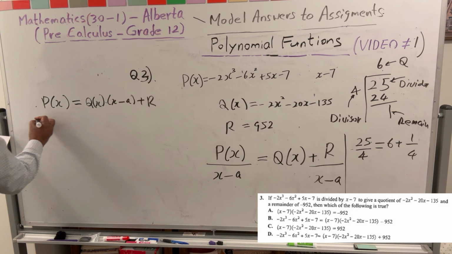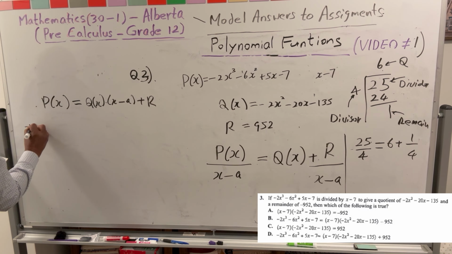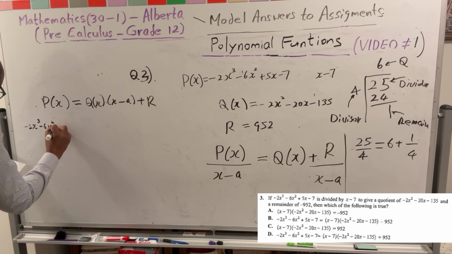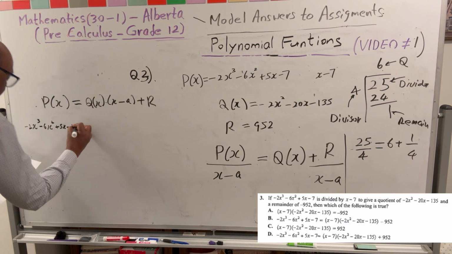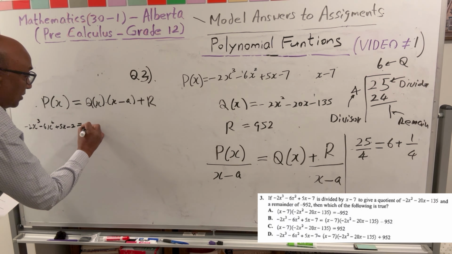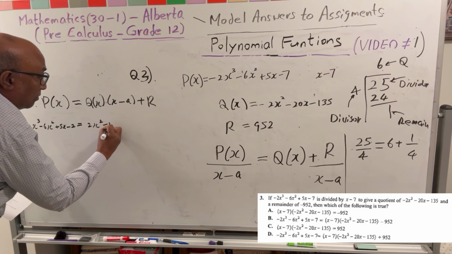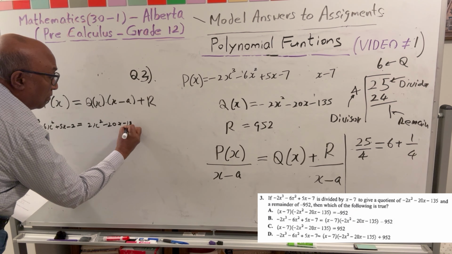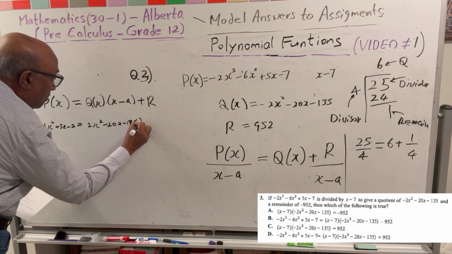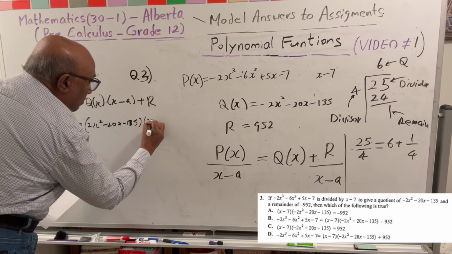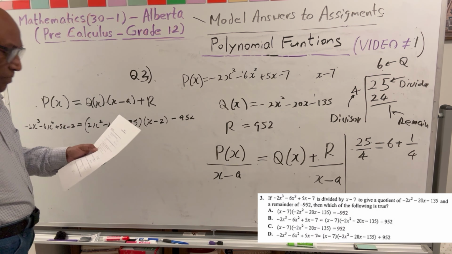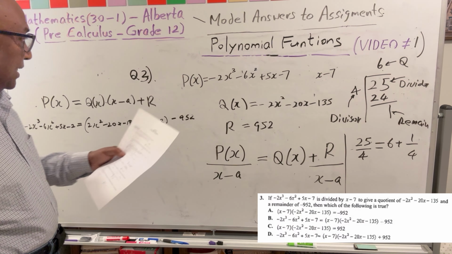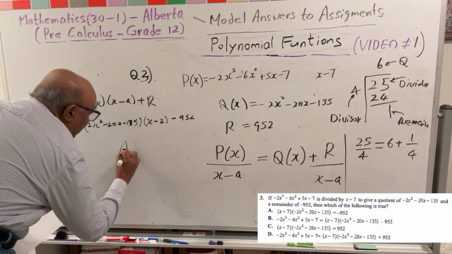If I write this again, minus 2x^3... okay, this is the answer. That means the right answer is option number B.